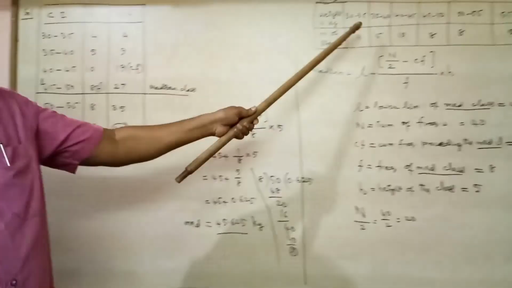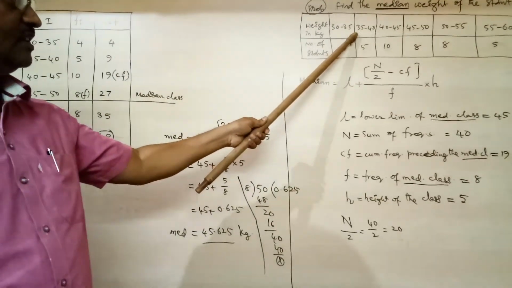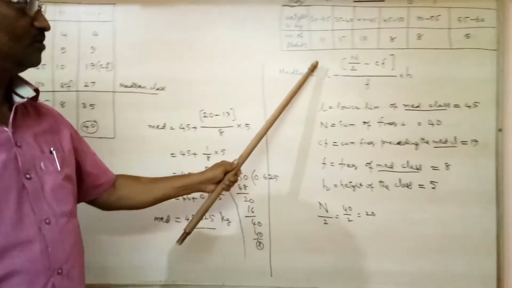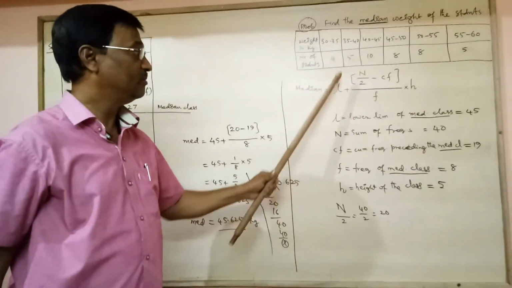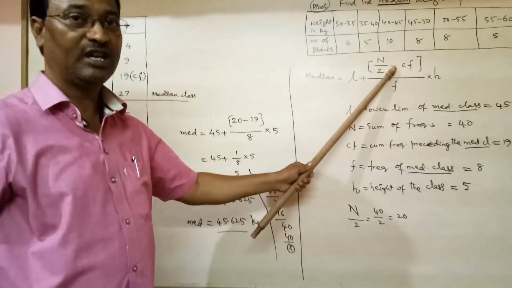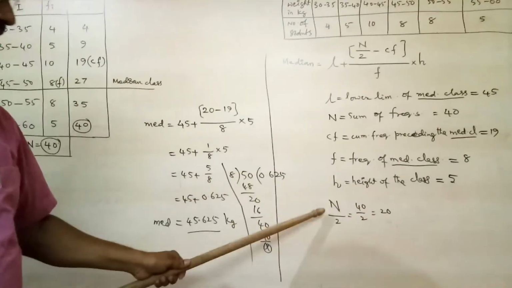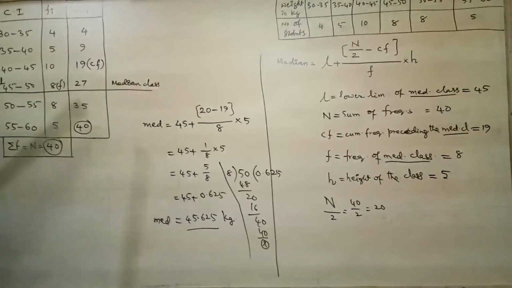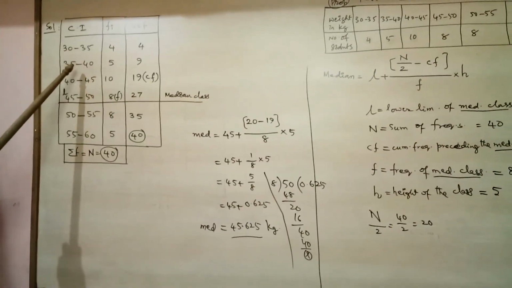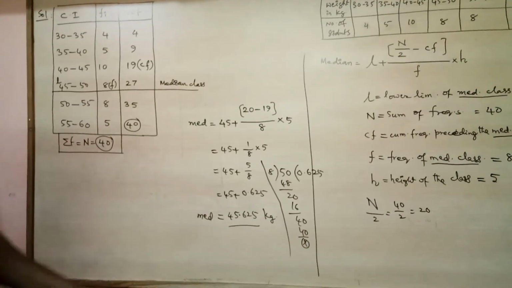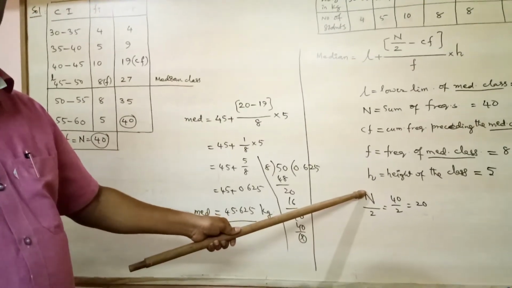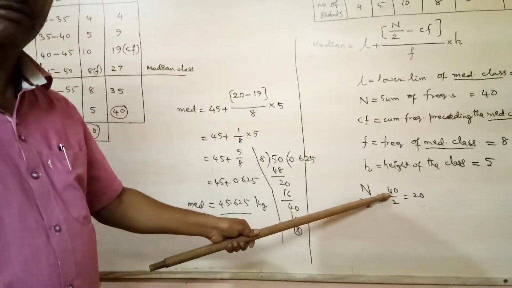Here, a table is given. To find the median, first we have to remember the median formula. According to the median formula, these variables are required, and they are found by using this table. To find the median class, first N is required. After getting N, find the n by 2 value.